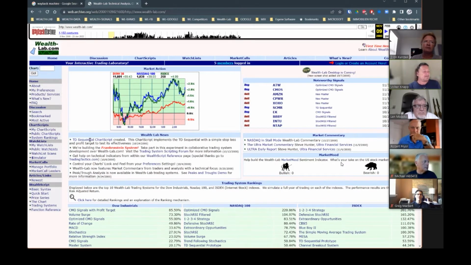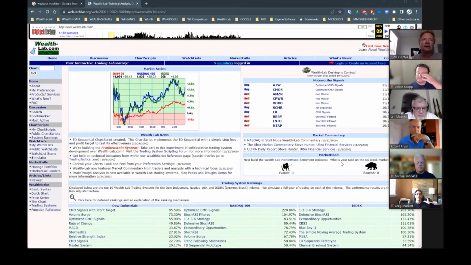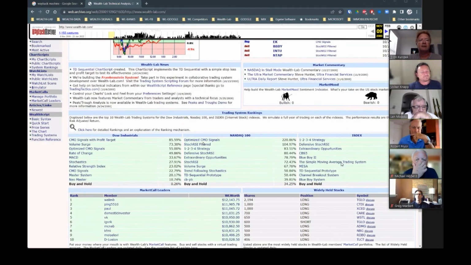That was in 2004. You can see that here. A couple of the major things we used to do on the website, like I said, we ranked the strategies. On the bottom there, you can see we did it for three different indices: the Dow, the NASDAQ 100, and then at the time there was this internet stock index.